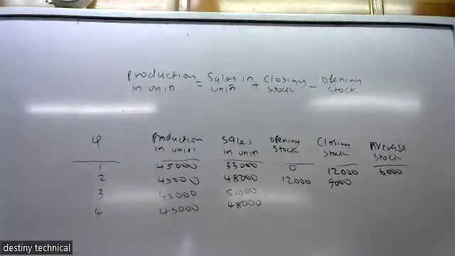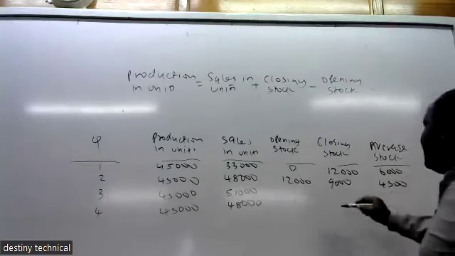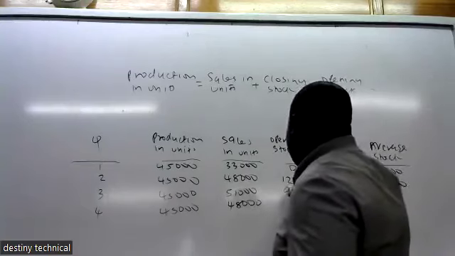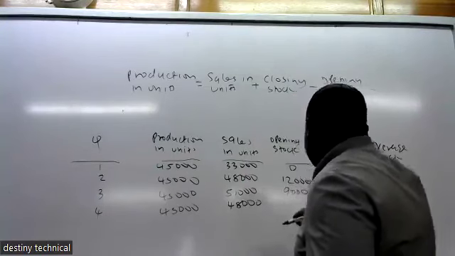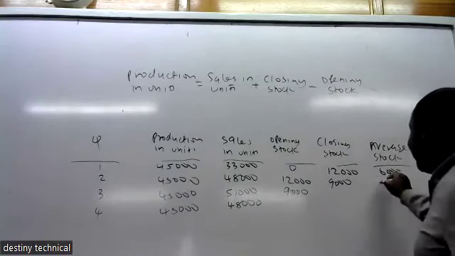So 12 plus 9 divided by 2. So it is what figure? 10,500.